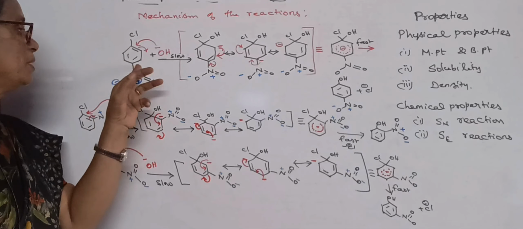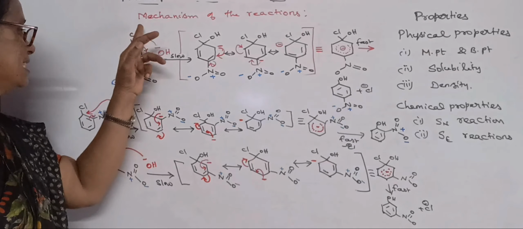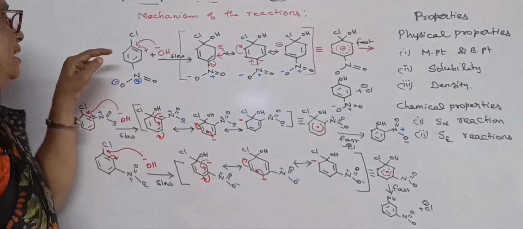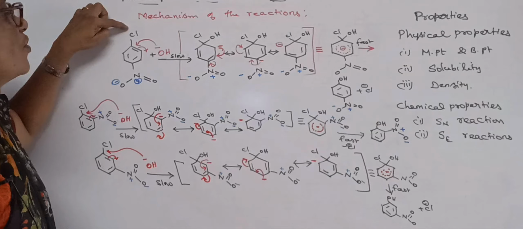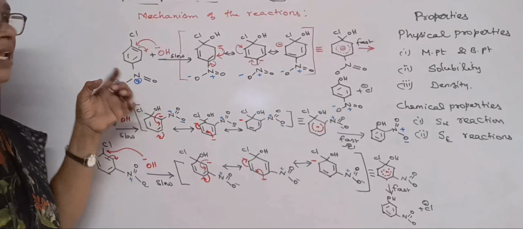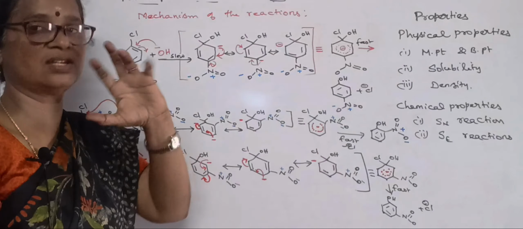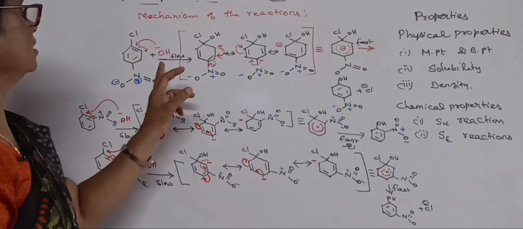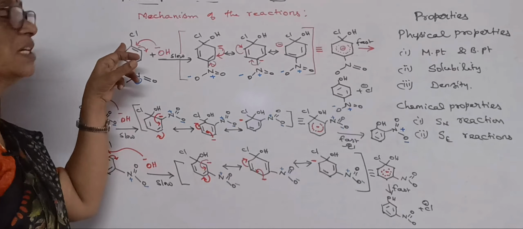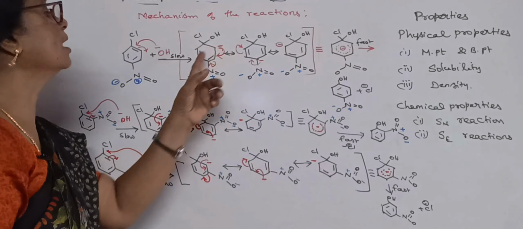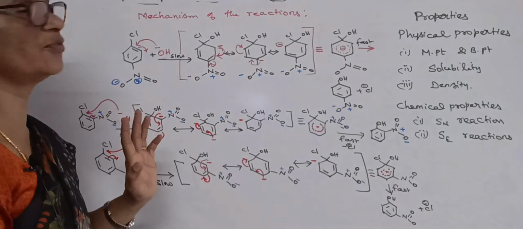When the nitro group is at the para position, it is exactly opposite to the leaving group, and hence it can withdraw the electrons of the chlorine atom more effectively, so the carbon halogen bond becomes weaker. This is the first point. The nucleophile may then attack the first carbon where the halogen is being removed.